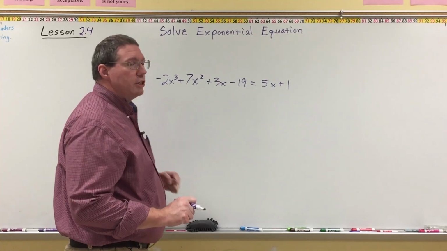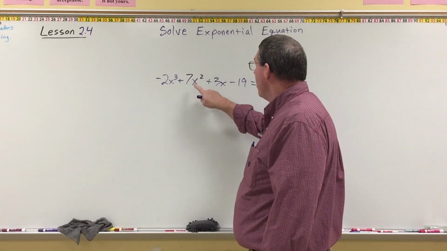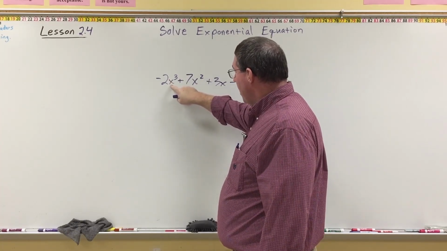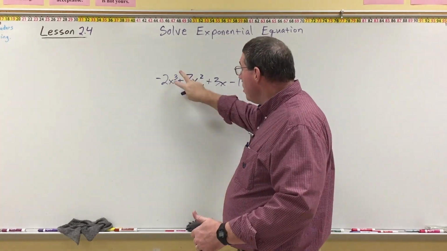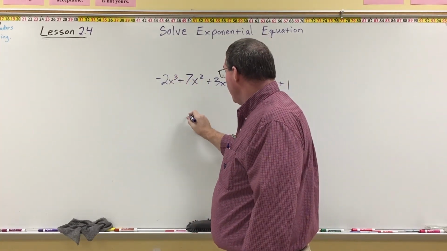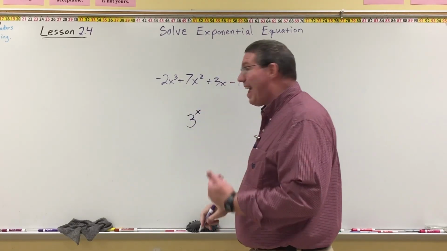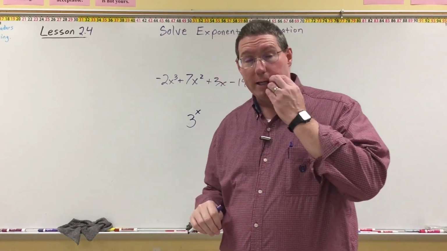Well, exponential equations are very easy to recognize because here's the thing. Do you see how here we have x as the base and the exponent is 3? Well, if we switch that, if we make 3 the base and we make the exponent x, now it's what's called an exponential equation, okay?